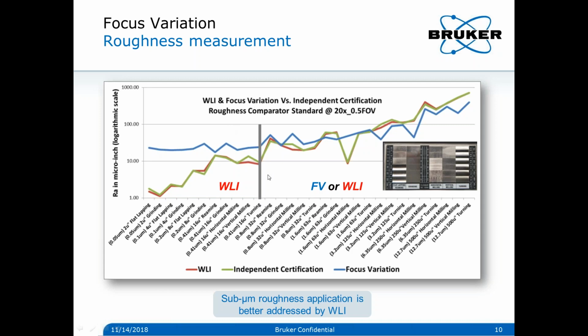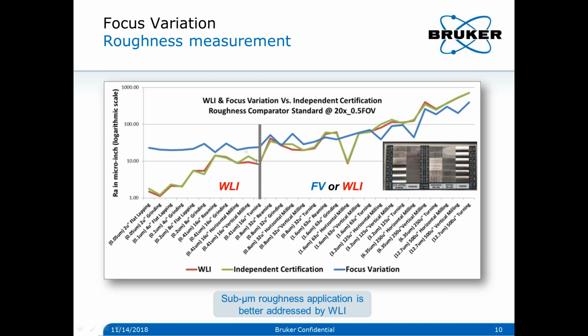So there are two takeaways here. First of all, focus variation complies in terms of roughness application, which means, by the way, that the lateral calibration of the objective is properly set. The second is that after certain limits, focus variation will not be applicable anymore.